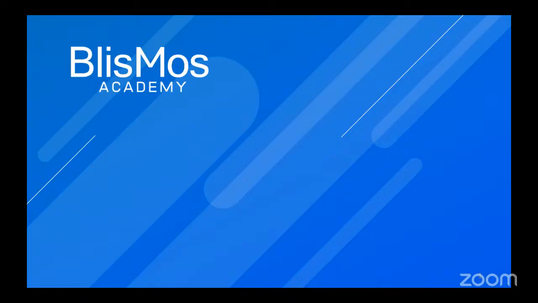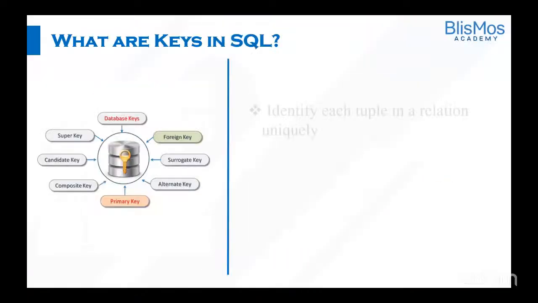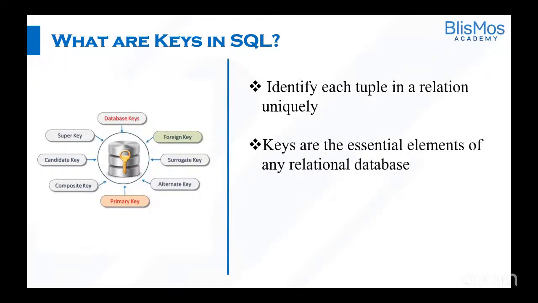Okay. So we understood one of the very important aspects in the table are keys, right? So when we say keys, keys are the ones which will identify each row in a table uniquely. Without keys, database is nothing.